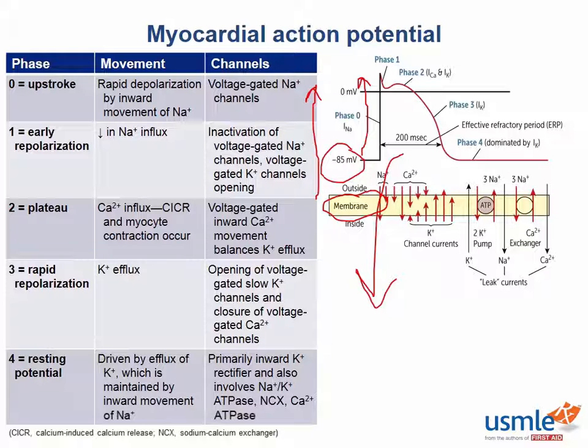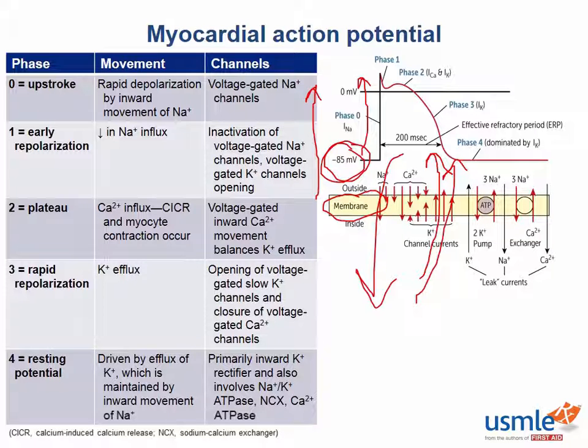On the contrary, when potassium, another positively charged cation, flows out of the cell, say in phase 1, the cell is becoming more negative. Positive charges are leaving, so the cell is becoming more negative, approaching negative 85 millivolts again, so it's being repolarized, or it's polarizing again.